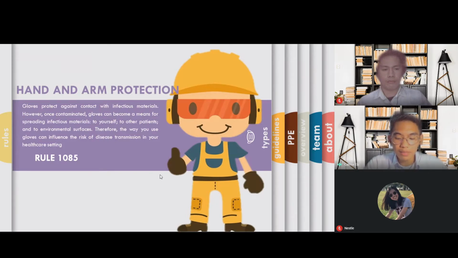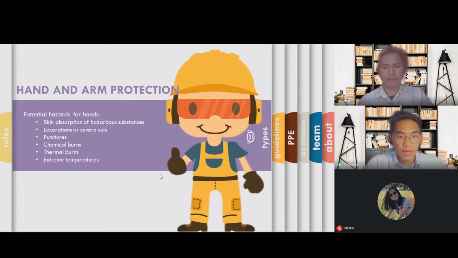At para naman sa mga healthcare worker, meron din silang iba't ibang gloves tulad ng mga disposable gloves, surgical gloves, dahil once na nagamit na nila yung gloves na to, dapat itinatapon na nila. Dahil hindi nila pwedeng gamitin yung gloves na ginamit nila sa isang pasyente sa susunod na pasyente.